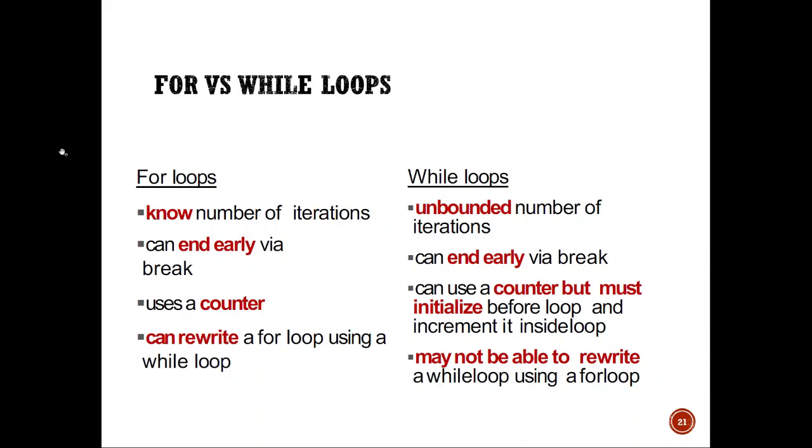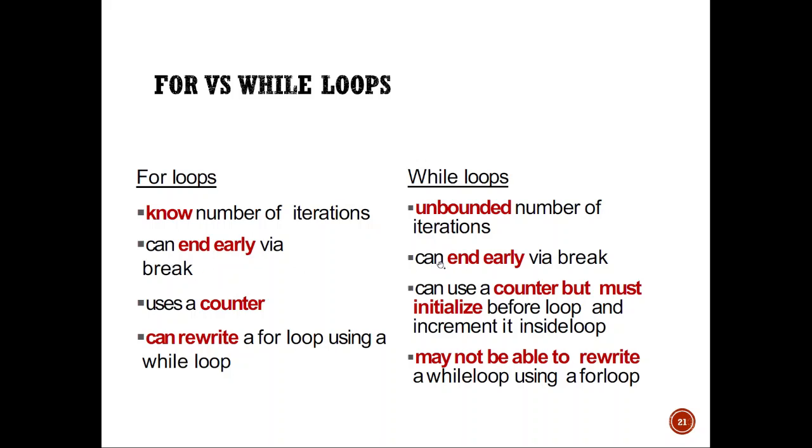To compare between for and while loops, in for loops, we actually know the number of iterations because we specify the start value and the stop value. While in while loops, we don't know beforehand the number of iterations. For loops can end early via break.